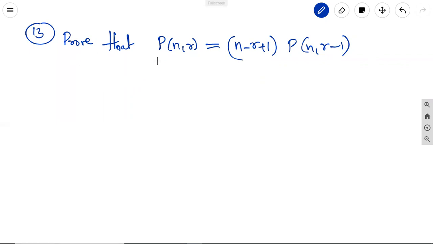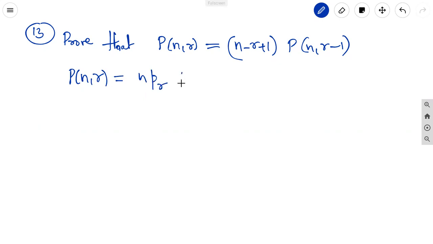Next problem, prove that P(n,r) equals (n minus r plus 1) times P(n, r minus 1). We know that P(n,r) is equal to nPr, and P(n, r minus 1) equals nP(r minus 1).